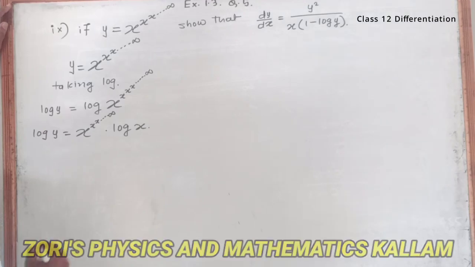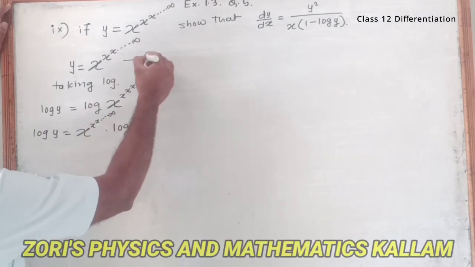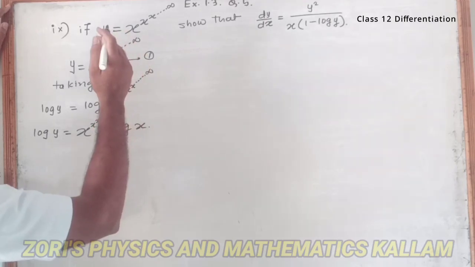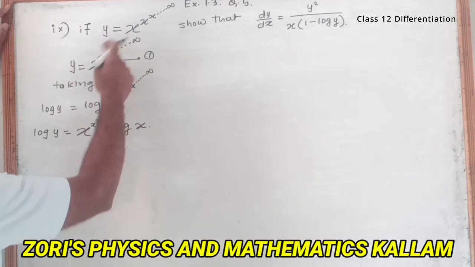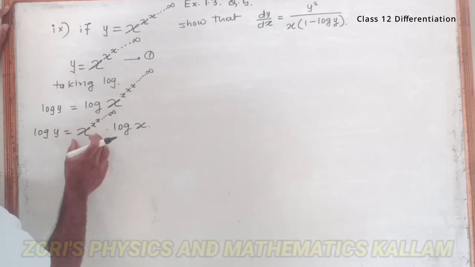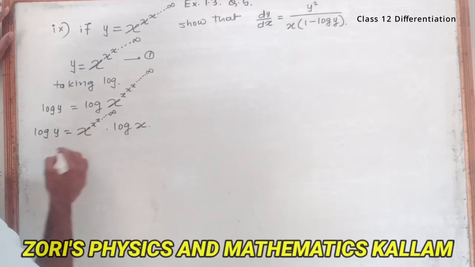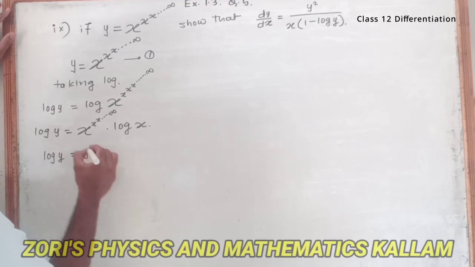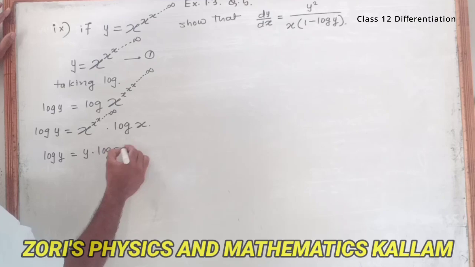Now see, if this is equation 1, then from this equation x raised to x raised to x raised to infinity, that total part can be substituted as y here. Therefore, from equation 1, log y is equal to y into log x.